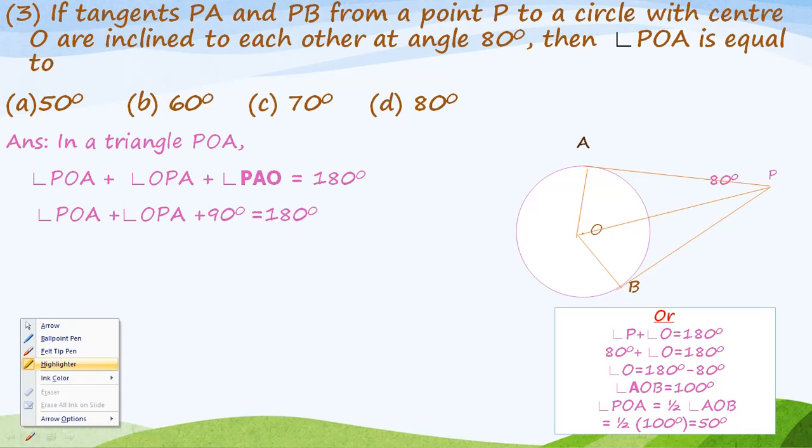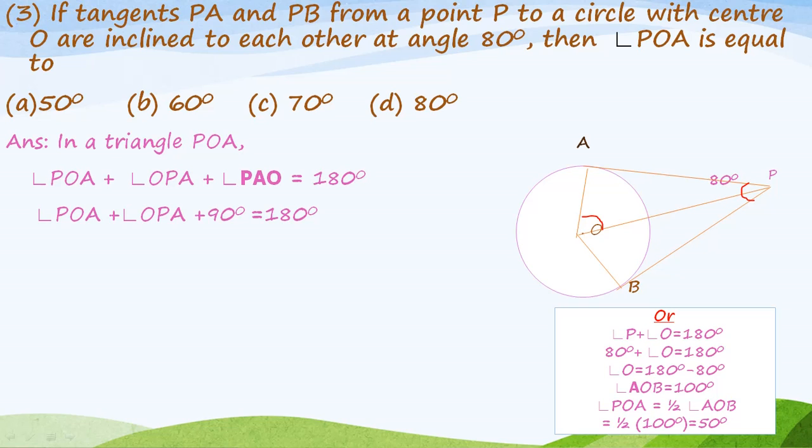Then what about POA? The angle P is equal to 80 degrees. What about angle POA? We have to find angle POA.